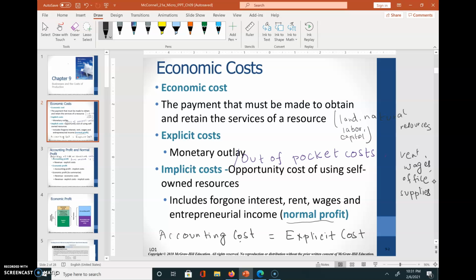The economic cost numbers are always greater than the accounting cost numbers because economic includes explicit and implicit both, but accounting cost includes only the explicit cost of production.